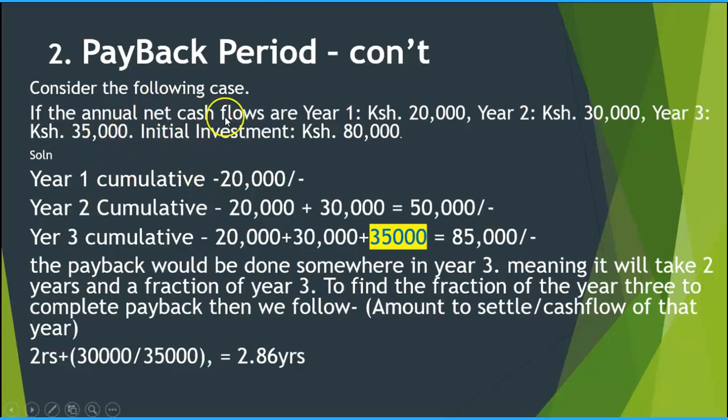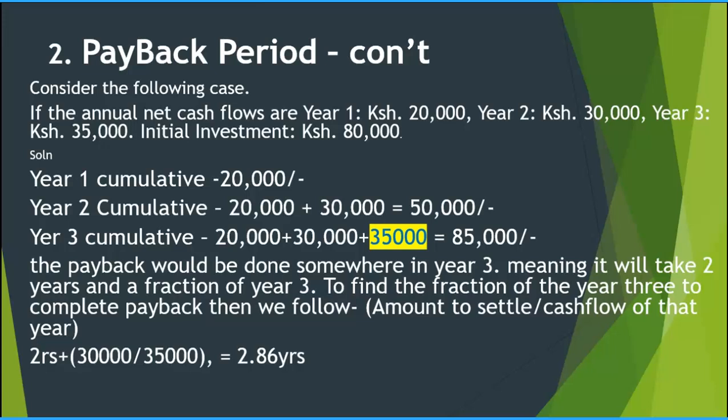If the annual net cash flows are year 1, 20,000, year 2 we have 30,000, year 3 we have 35,000, with an initial investment of Kenya shillings 80,000. So the question here is, what is the payback period?